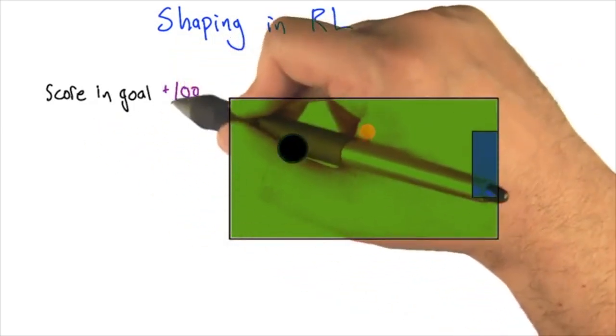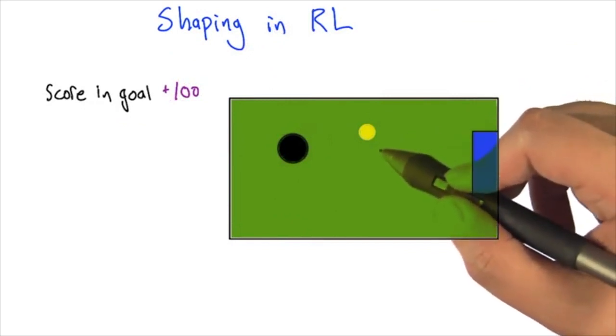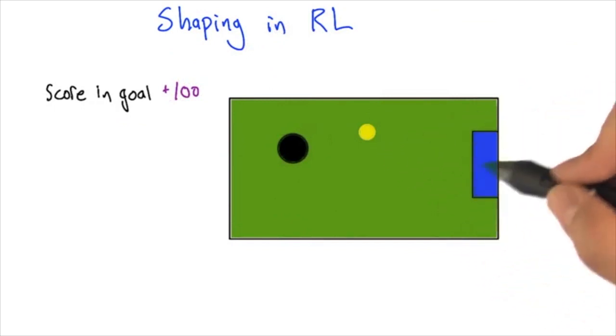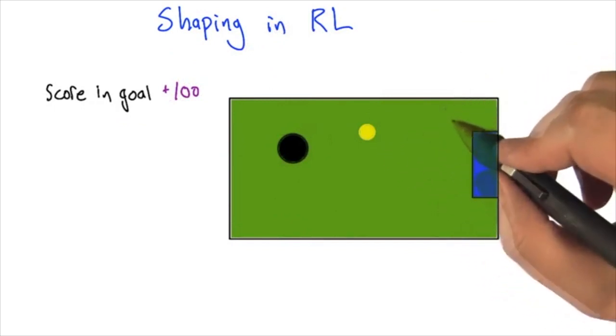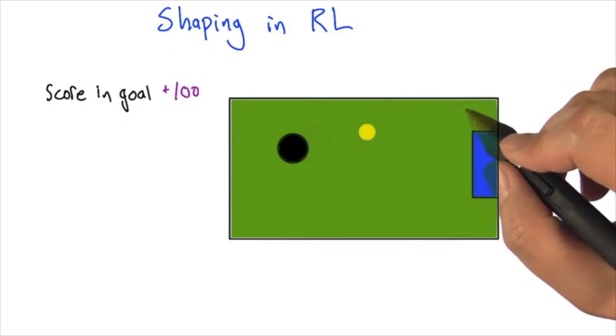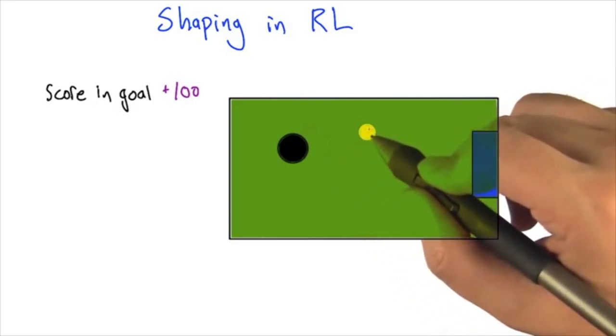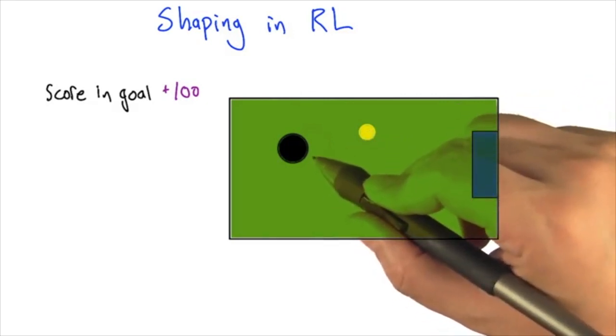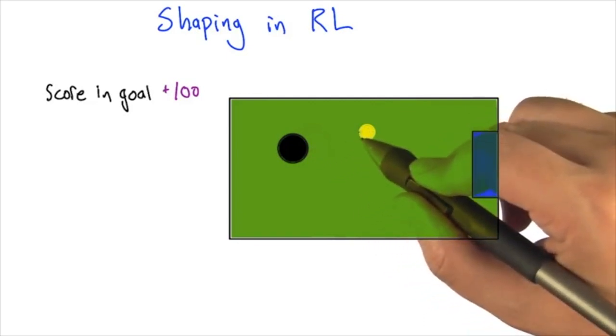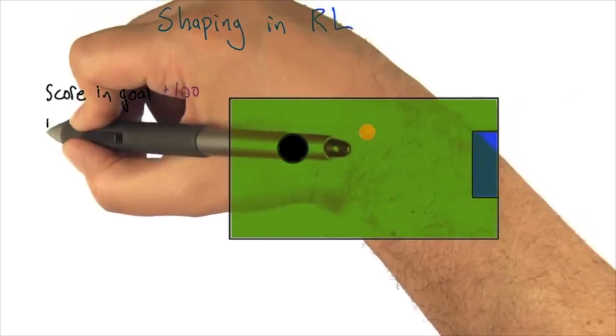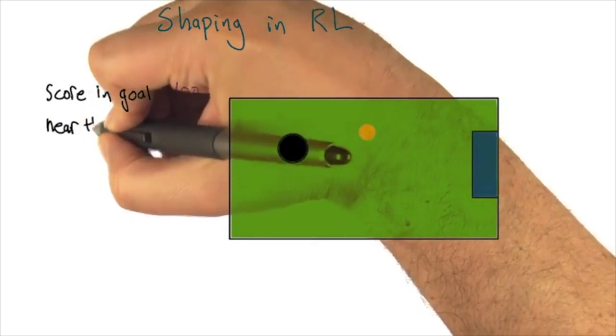How can we modify this reward function so that it might encourage something in the direction of scoring the goal? I think there are a couple of things one might do. I'll try not to overthink this. Well, in order to kick the ball, the circle with its circle feet has to get near the ball. So I could imagine putting some reward for being near the ball, wherever the ball is. Cool.